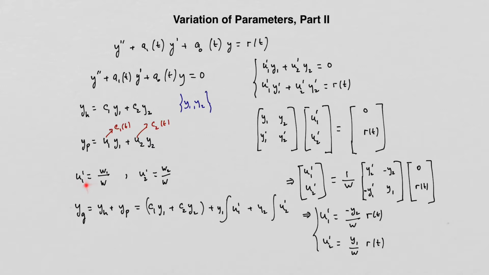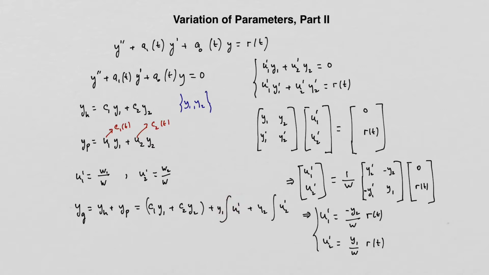And after we found u1 prime and u2 prime, we had to integrate those functions to get u1 and u2 and multiply them by y1 and y2. So my general solution is now yh plus yp, and yh is this, found already based on my fundamental set, and yp is y1 times u1, where u1 is the integral of u1 prime.